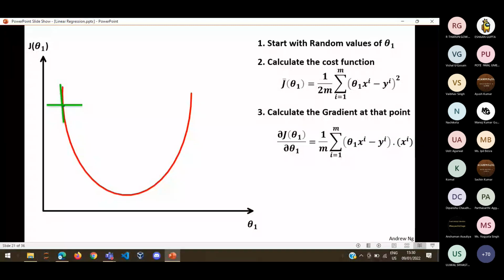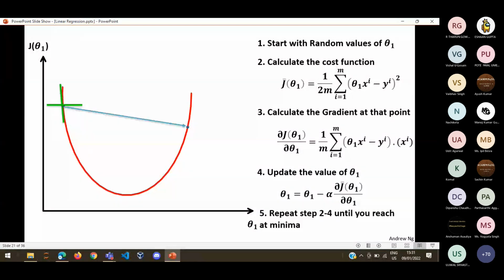Okay, and again you're going to repeat these steps, steps 2 and 4. Again you're going to calculate the cost function at this point, then check the slope at that point, and according to that you're going to take your next step, like this and this and this, and ultimately you are going to reach the minima.